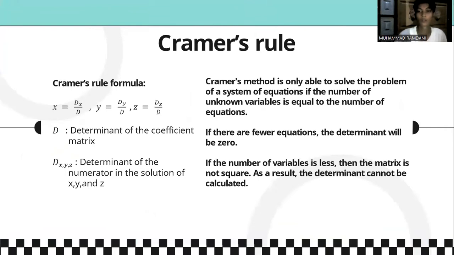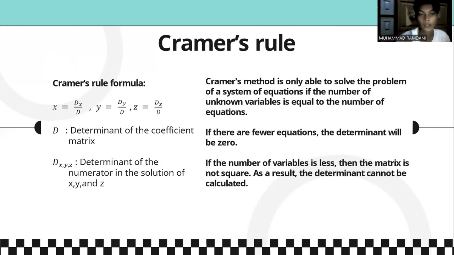Okay, so first we need to know what is Cramer's rule. Cramer's method is only able to solve a system of equations if the number of unknown variables is equal to the number of equations. So what we can see here is the Cramer's rule formula. The formula is quite simple.